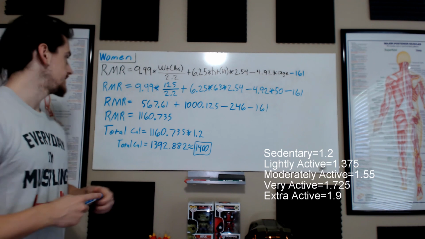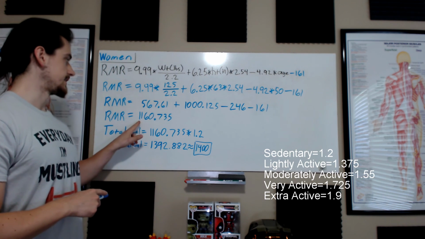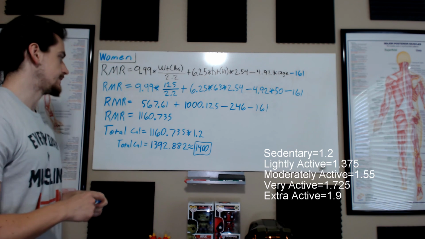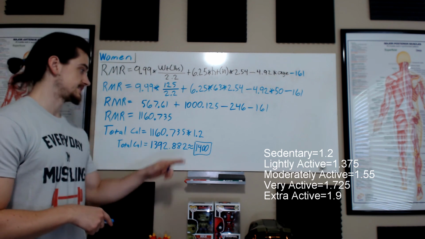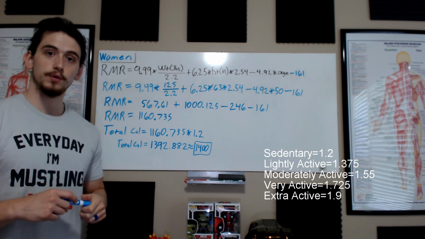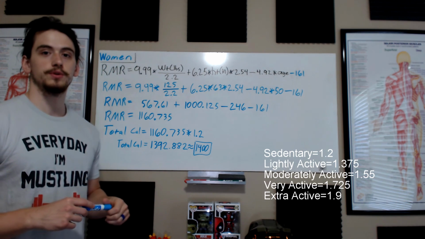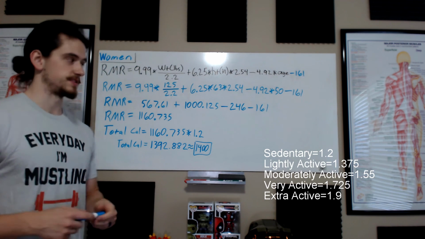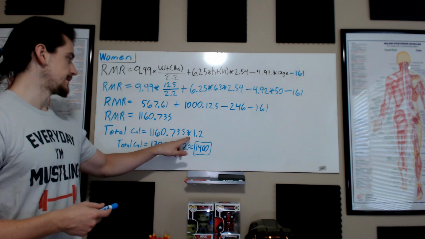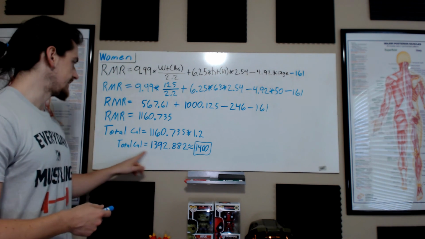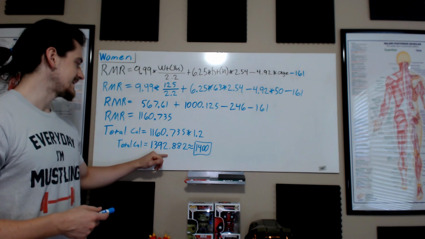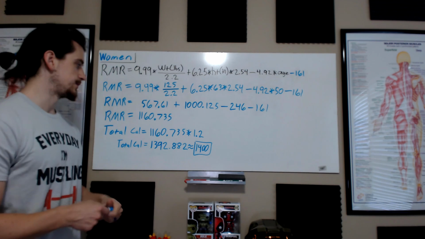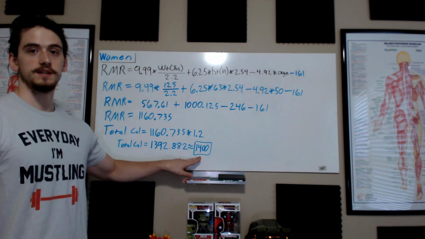If we take the resting metabolic rate right here, 1160.735, and we multiply that by the activity factor of 1.2, because this particular individual is a sedentary individual, they work a desk job and they do not exercise, so we multiply it by that 1.2, and that comes out to be 1392.882 calories, and we'll just round that up to a nice easy 1400 calories.